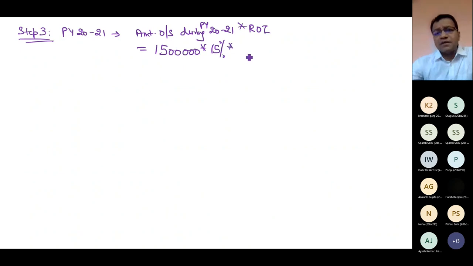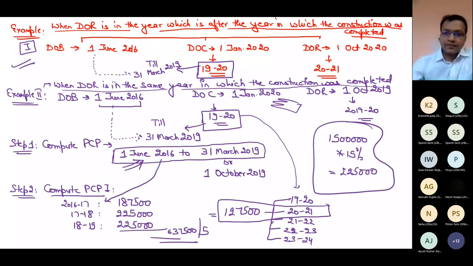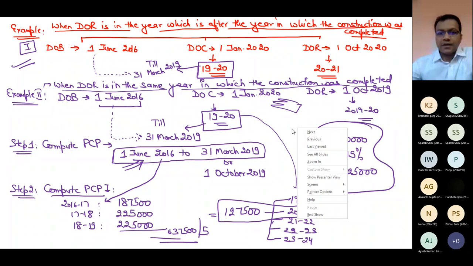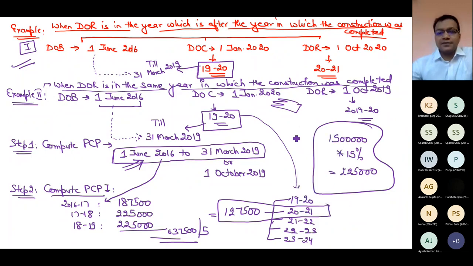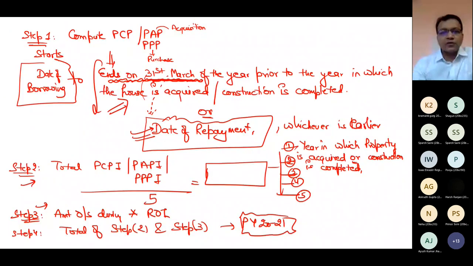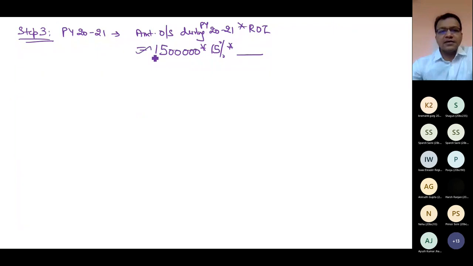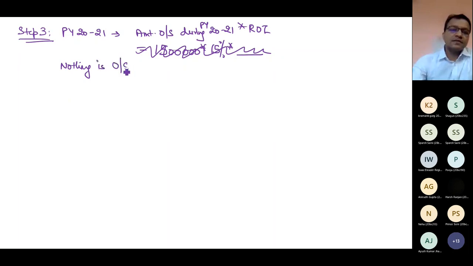But can you tell me for how many months it was outstanding in 2021? 6 months. No, nothing is outstanding in this. Because I paid the entire loan on which date? 1st October 19. So technically nothing is outstanding. In this year, nothing is outstanding. Nothing is outstanding during the previous year 2021.